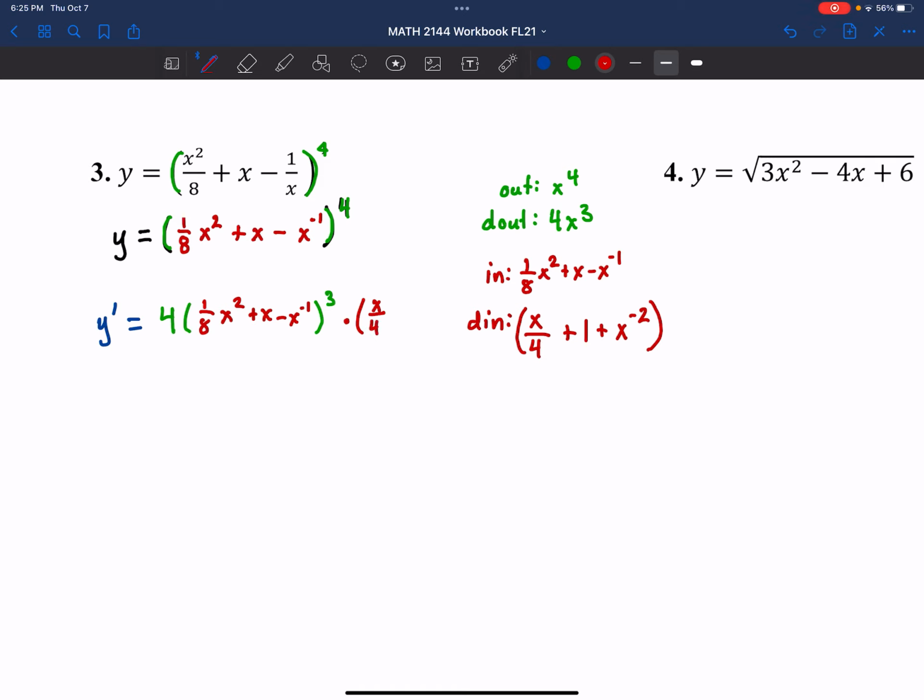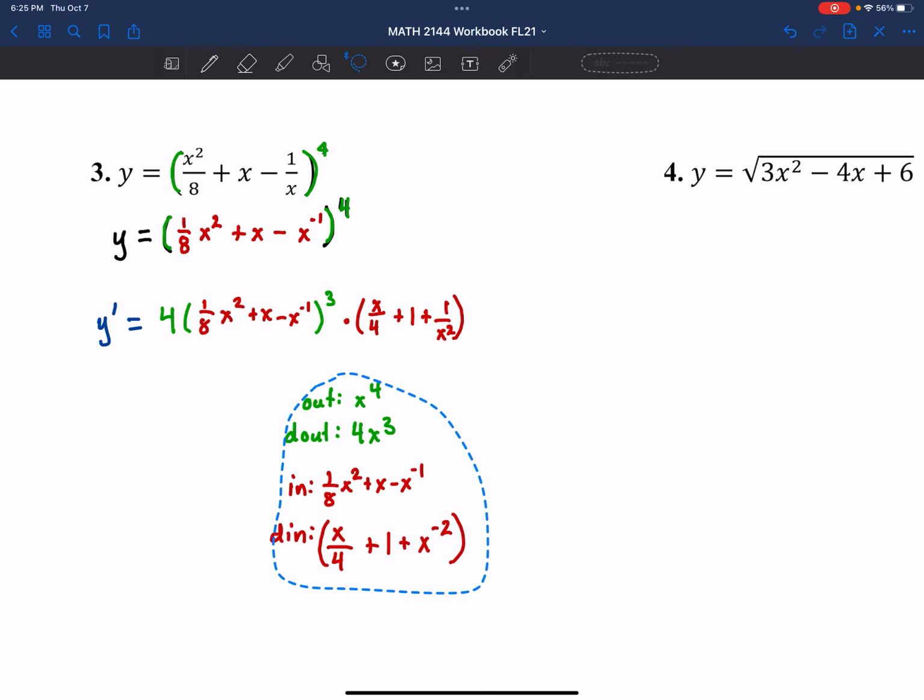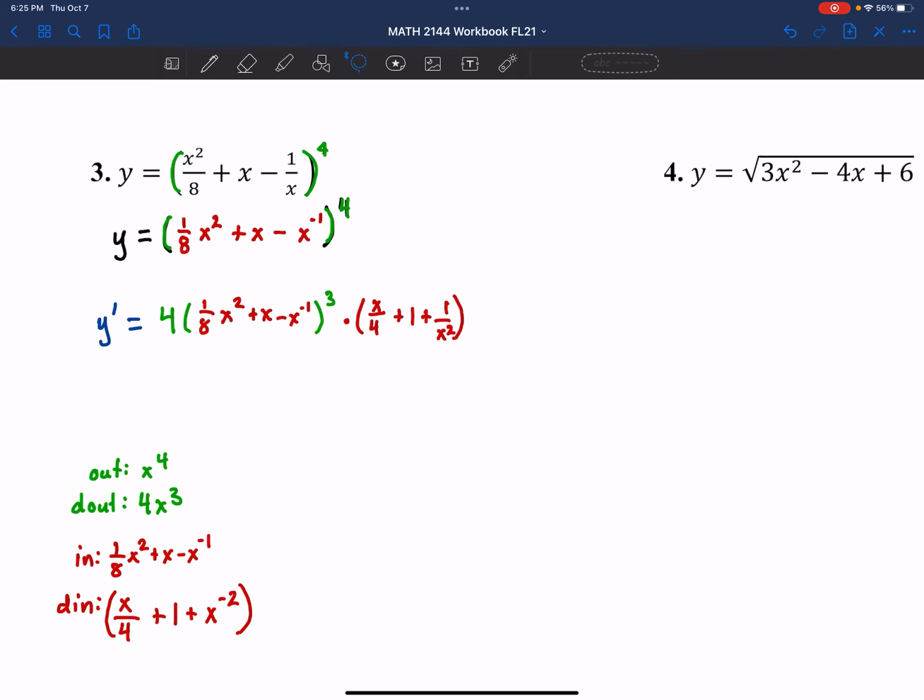So this is x over 4 plus 1 plus x to the minus 2. And technically we should be matching forms, so that would be 1 over x squared if we were matching forms in terms of what we started with. That's running together a little bit, so let me slide this down out of the way. But there is the derivative of our given function.